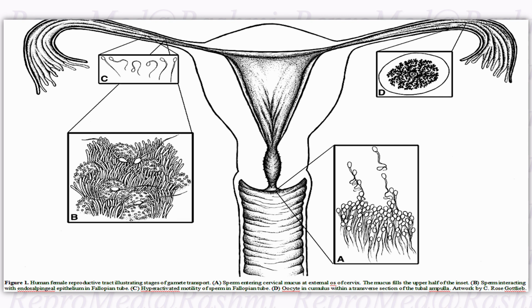B, the sperms interacting with endosalpingeal epithelium in the fallopian tube. C, the hyperactivated motility of sperms in the fallopian tube. D, the oocyte in cumulus within a transverse section of the tubal ampulla.